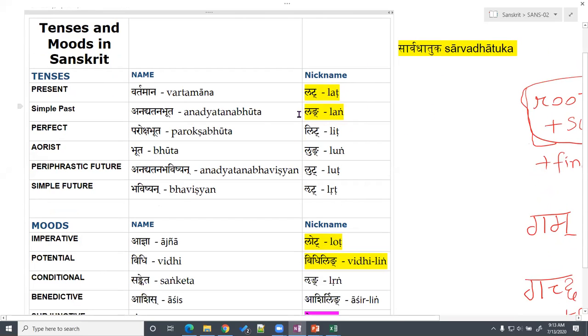We'll come to that word later. Just understand that these 4 are known as Sarvadhatuka. This is just the name in Sanskrit for these 4 lakaras. So what are these 4? Present tense, Vartamana, one type of past, Lang, and these 2 moods.